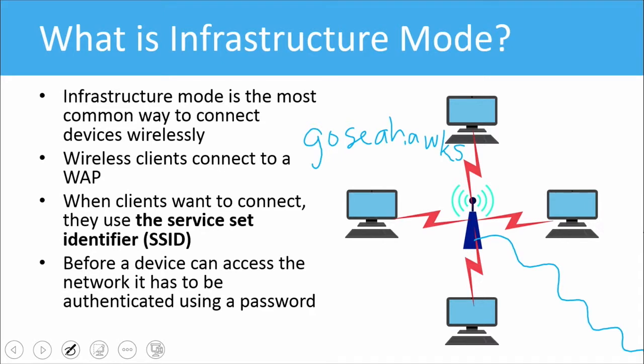And I'm able to locate my network because of that name, right? Before a device can access the network, clearly you have to try to connect using that name, but you also are going to authenticate with a password. That password is basically going to prove to that wireless access point that you belong on the network.